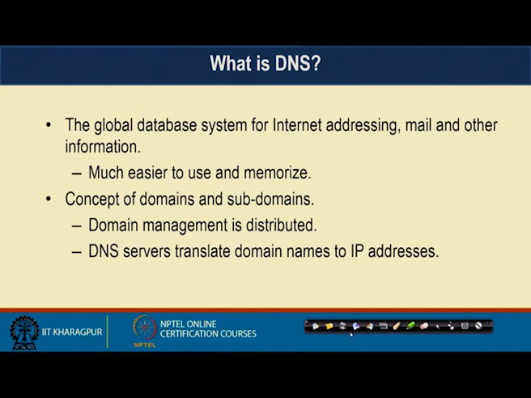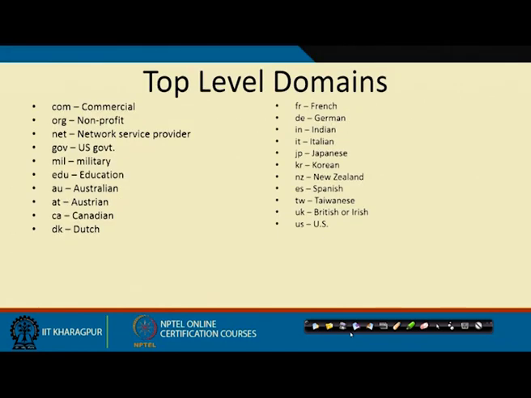And there is the concept of DNS servers which translate the domain name to the IP address. So, one is the management of this distributed domain, and another is that I require a domain name server which will translate this domain name to IP addresses. These two are primarily the major activities.